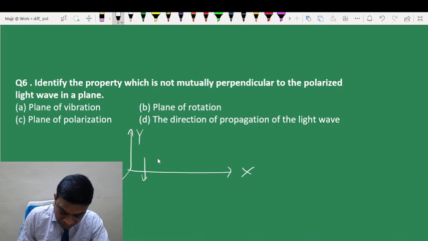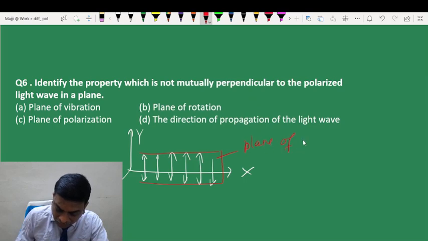Suppose electric fields are in the xy plane, so this will be known as the plane of vibration. Now the plane which is perpendicular to this plane of vibration will be known as the plane of polarization.